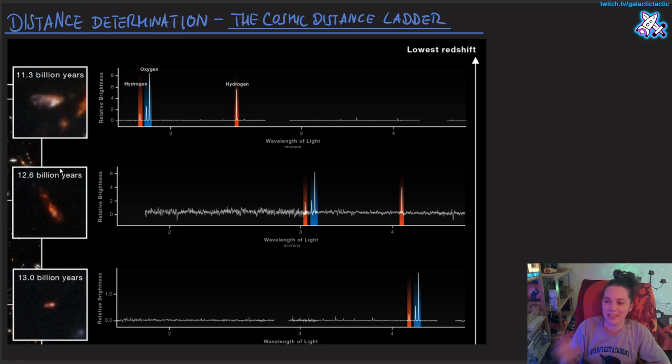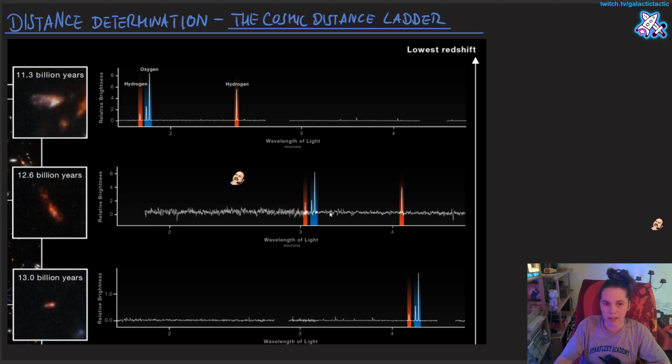So this is from the deep field view, right? And here they don't really give the redshift, but it goes to lower redshift, right? And you can see here the wavelengths of the light. You can see the oxygen line and the hydrogen line here.